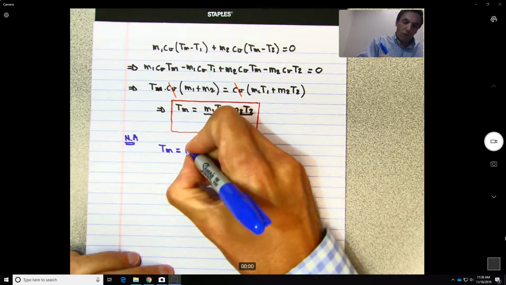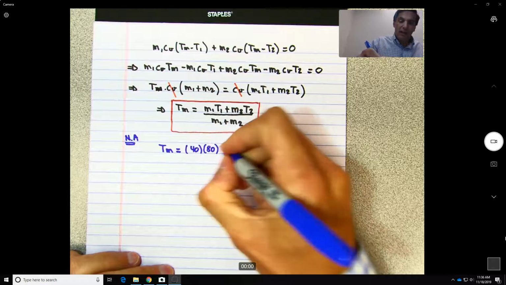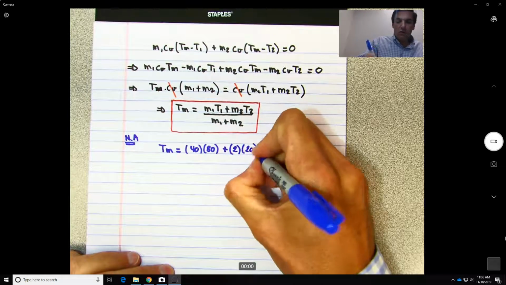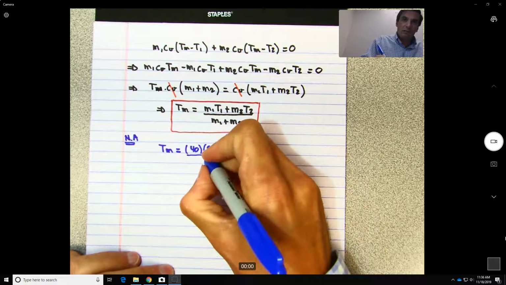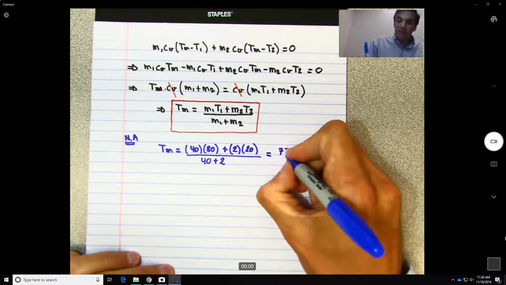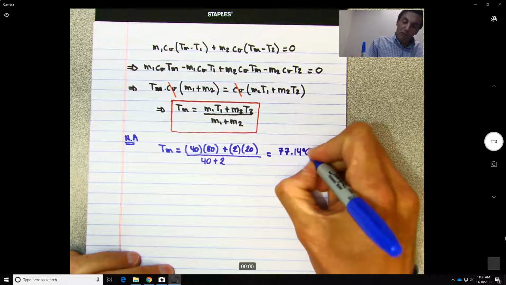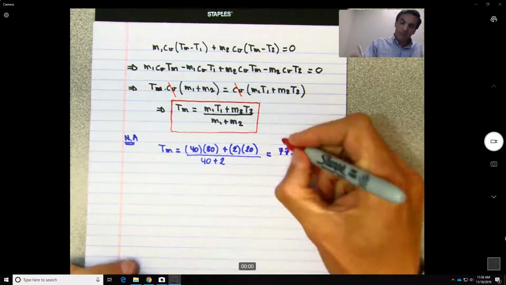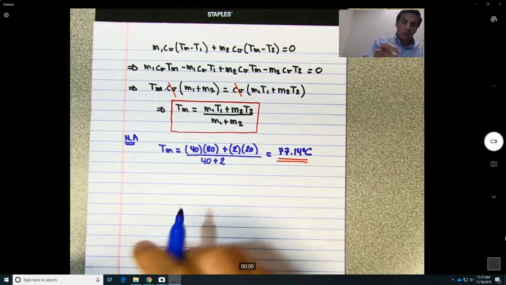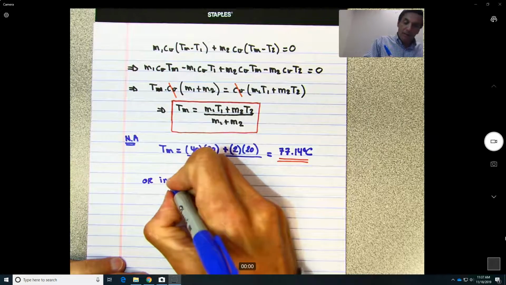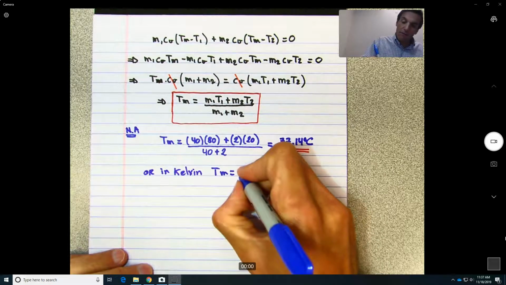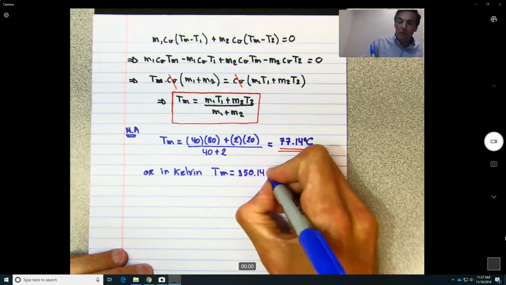M1 is equal to 40 times 80 plus M2, which is 2, times 20, divided by 40 plus 2, and you get a temperature of 77.14 degrees Celsius, or in Kelvin, T mixture will be equal to 350.14 Kelvin.